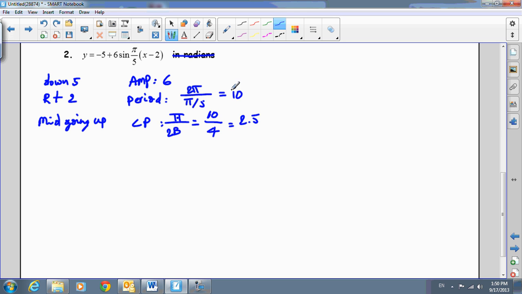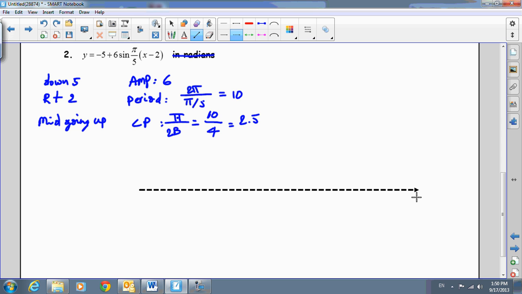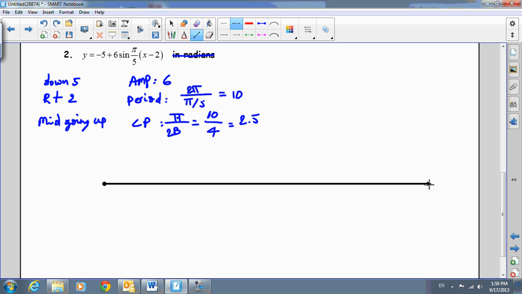All right. Now that I have all this information, let's go ahead and graph our function. I always start with my x and y axis. Sorry, this is not what I want. I want this as my x-axis, and I do want this as my y-axis.